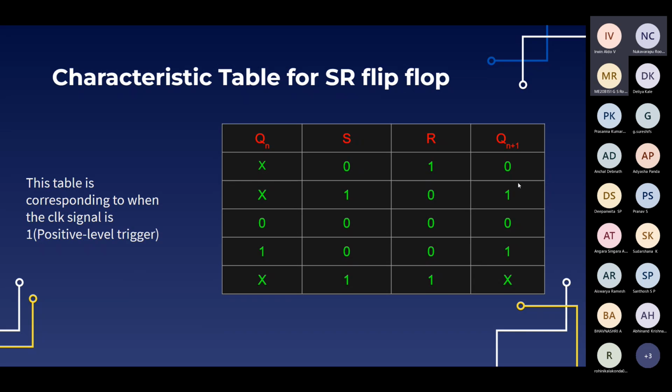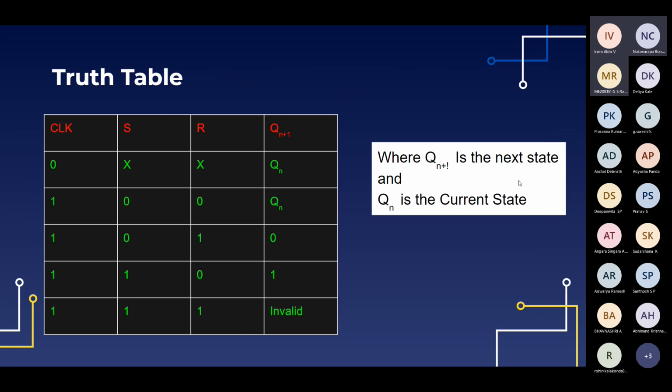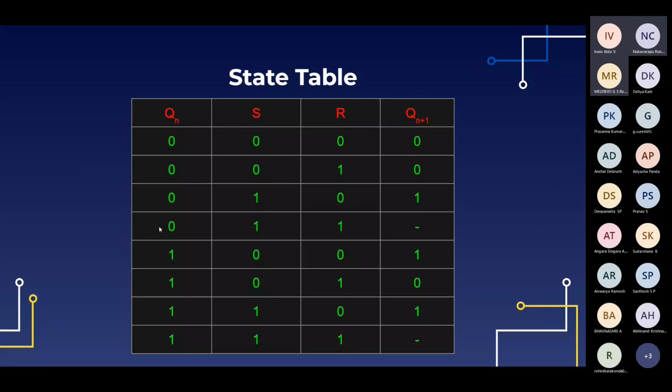It does not depend upon the value of Q. As you can see here, in the case S is 0 and R is 1, it will always be 0, and similarly in the 1, 0 case, it will be 1 irrespective of the value of Q. The next state value depends on Q only in the case where both are 0, 0. Moving on. Okay, now we'll do a simulation in Logisim with the SR flip-flop.